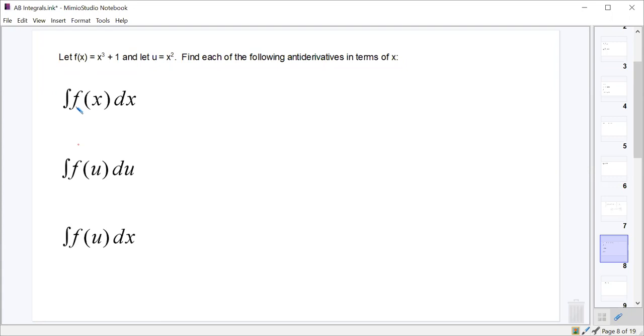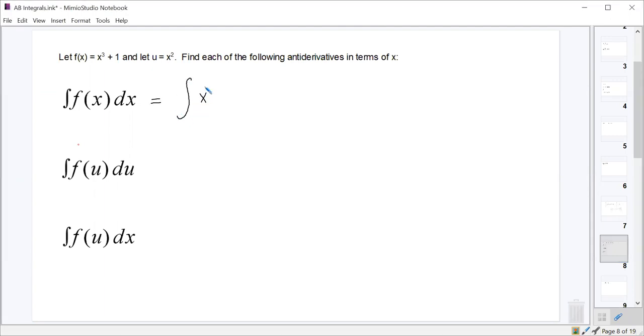We'll have different variables in our f, so f of x and f of u, and sometimes we're going to have dx's and sometimes du's. Hopefully this solidifies in your mind that the variables within our integral need to match up with the dx or the du or the dz or the d theta, whatever we've got going on.